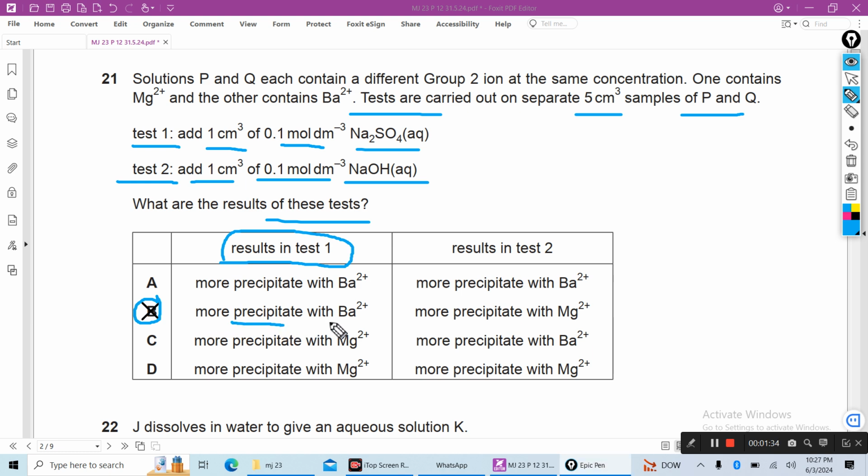More precipitate with barium ion. Test 1, magnesium reacts with sodium sulfate, magnesium sulfate, white precipitate is formed, and barium ion reacts with sulfate to form barium sulfate.